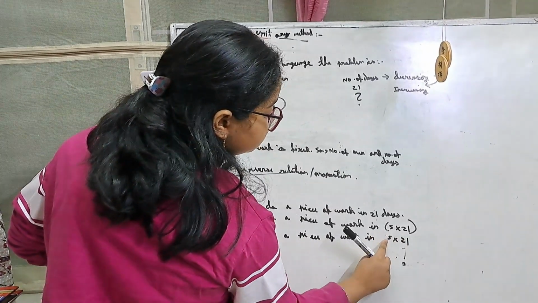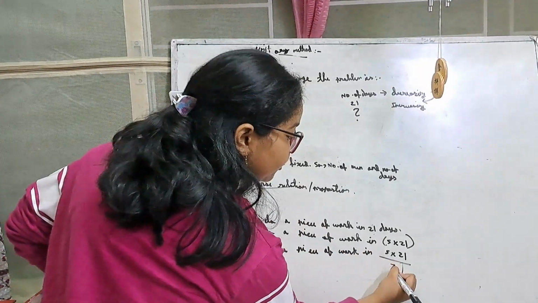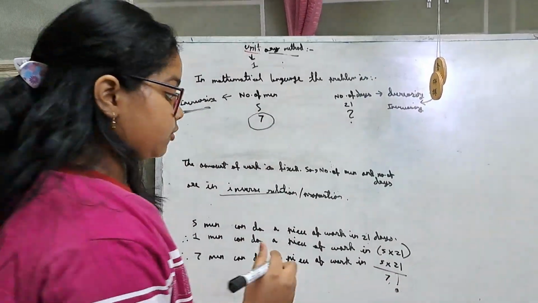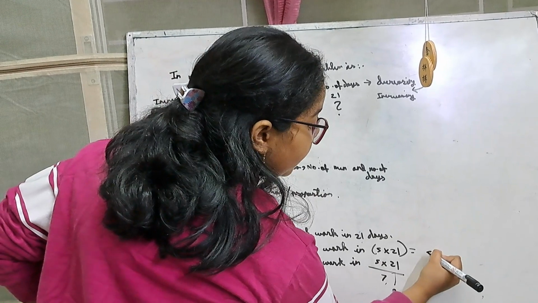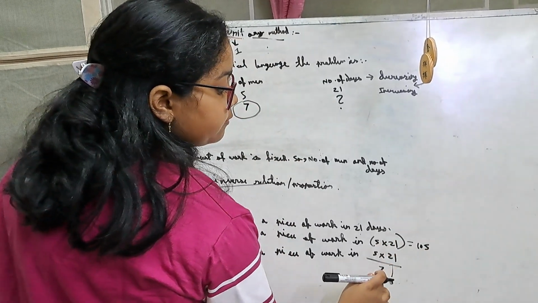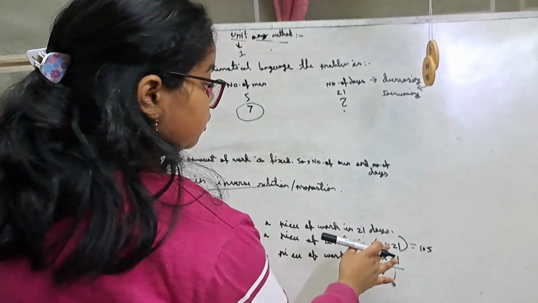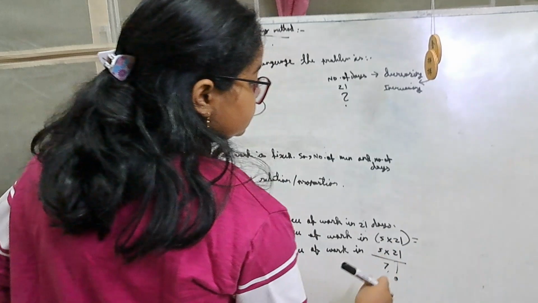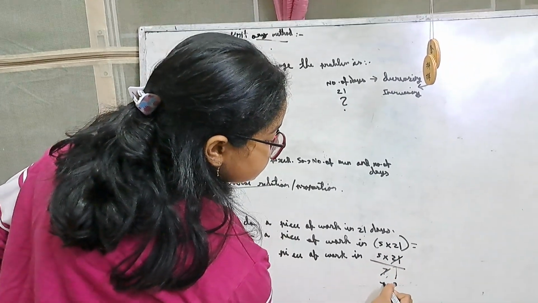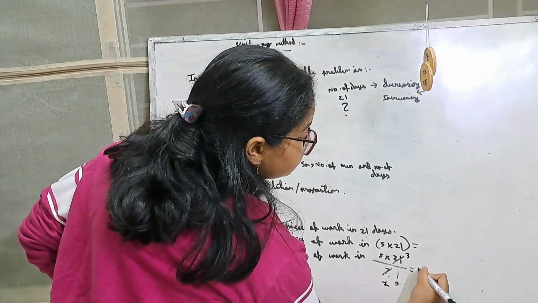I will remove the brackets and divide by 7. 5 into 21 is 105, and we would have to divide 105 by 7, but this is a long process, so we are not doing it. 7 1s are 7 and 7 3s are 21, so we get 5 into 3 equals 15.